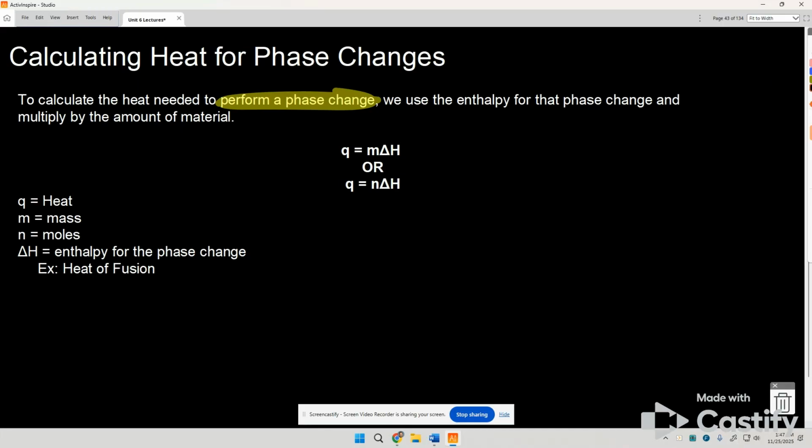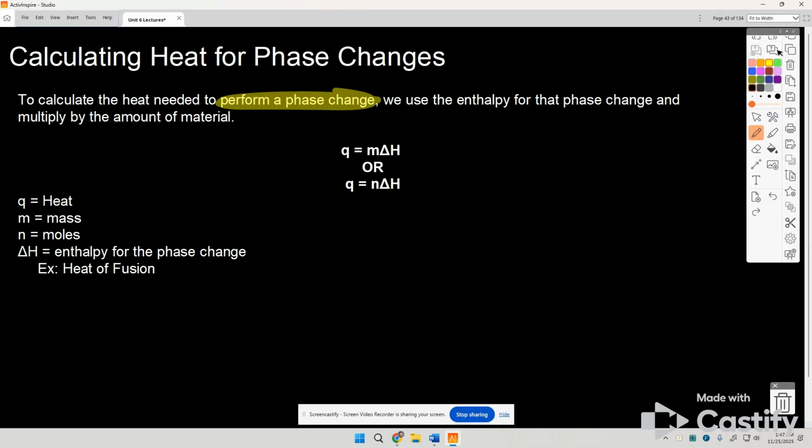We're heating up or we're cooling down. Here, when we're doing a phase change, our equation is either Q equals m delta H or Q equals n delta H. M for mass or n for moles. It just depends on what unit we're given which of these two equations we use. They're basically the same thing. It just depends on what we're looking at for our given information.